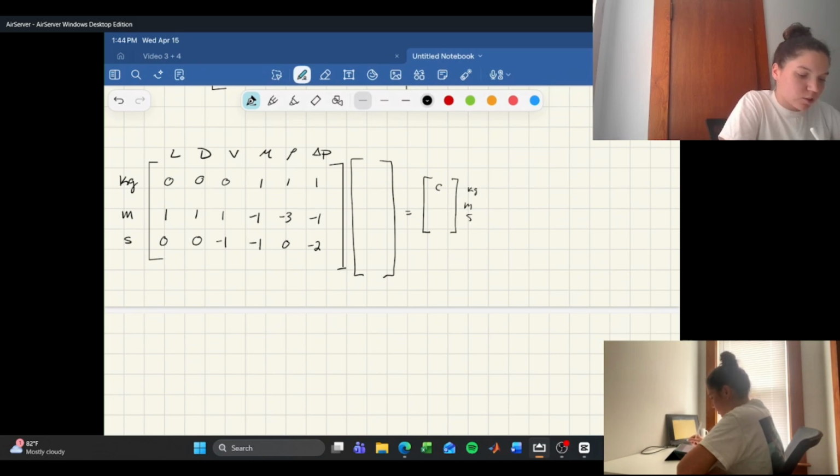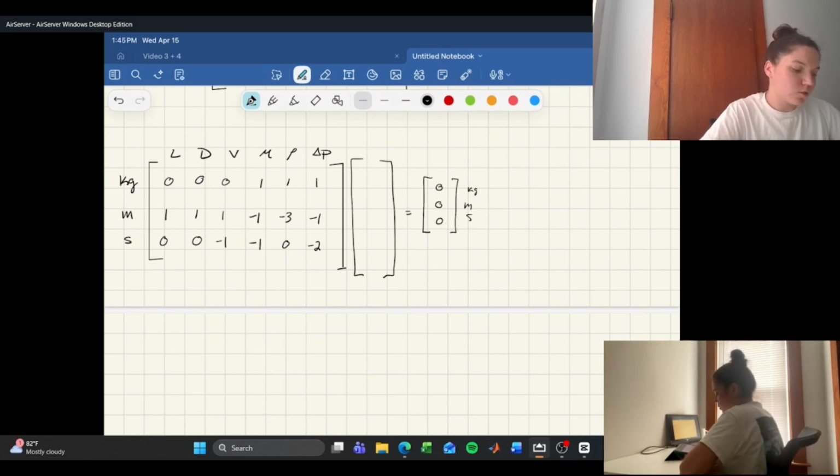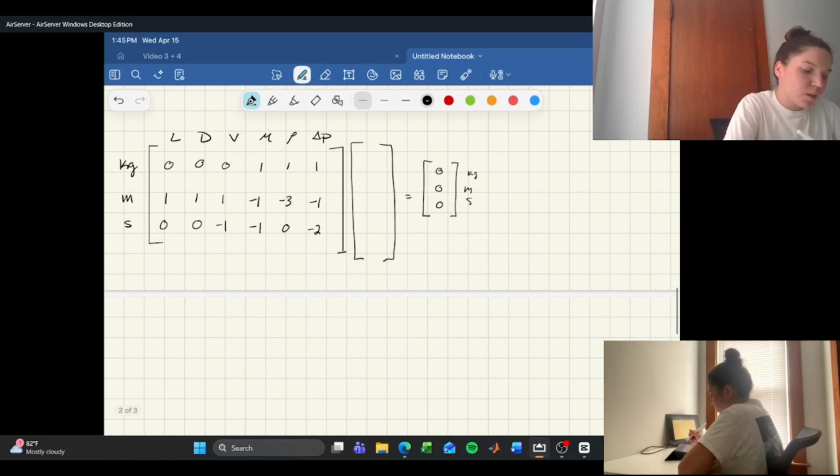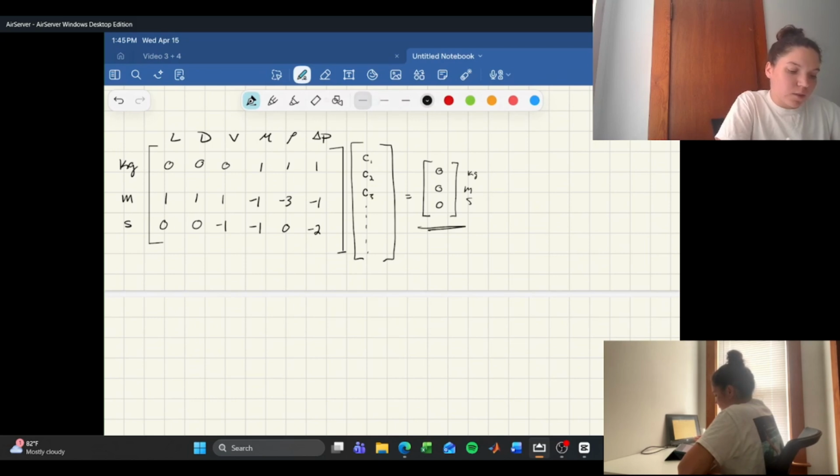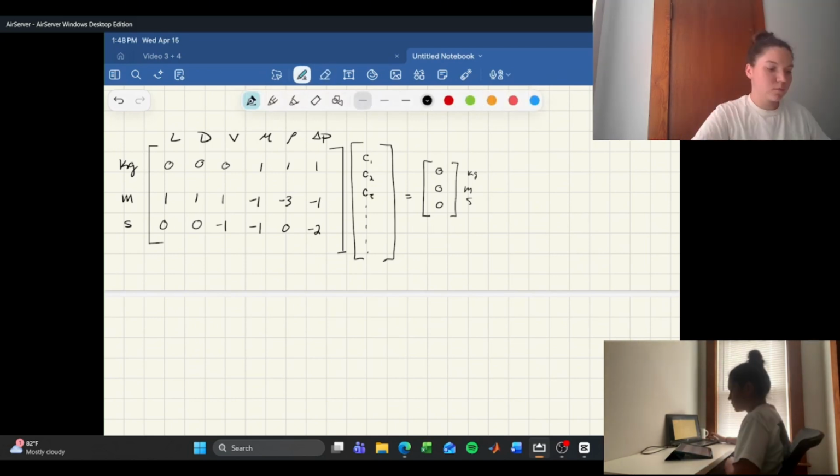We want all of these to be 0 because there's no units in a dimensionless number. So to do this, we want to multiply by the different vectors in the null space. So this will be these C values to get this dimensionless group.